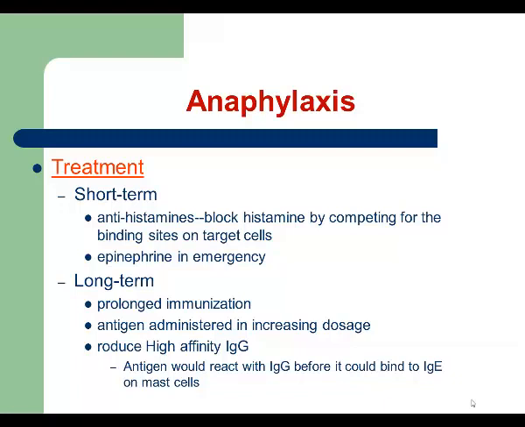The second type of treatment is called long-term treatment, and we also call it prolonged immunization or allergy shots. What does it mean? First of all, it's a long-term treatment because it takes a long time, sometimes even a few years.